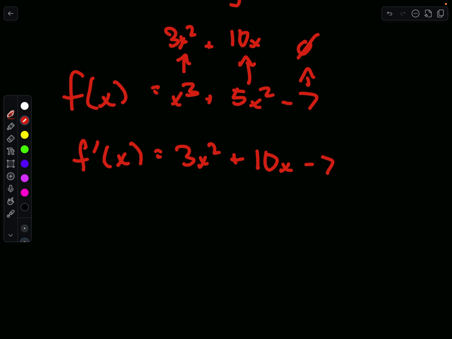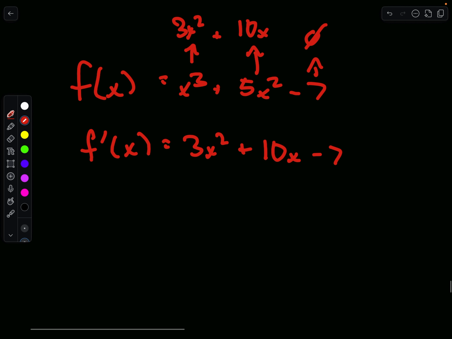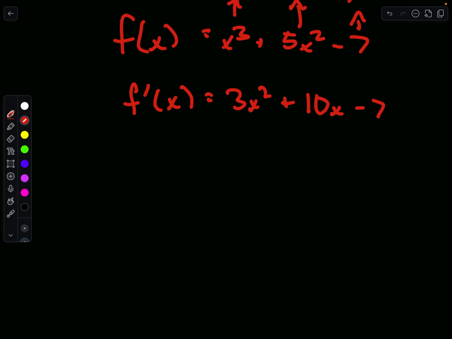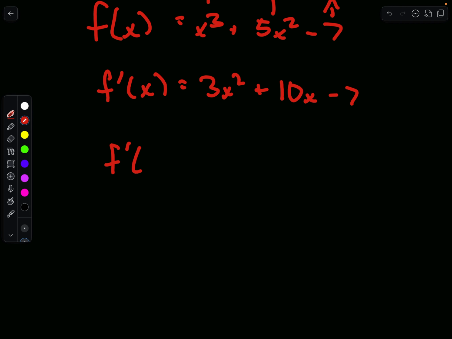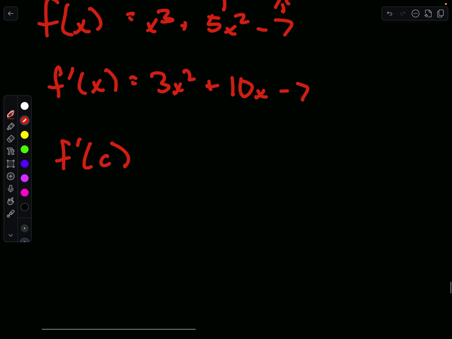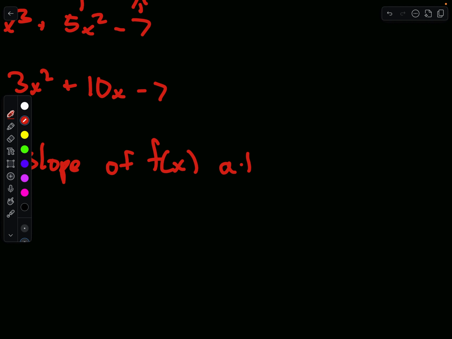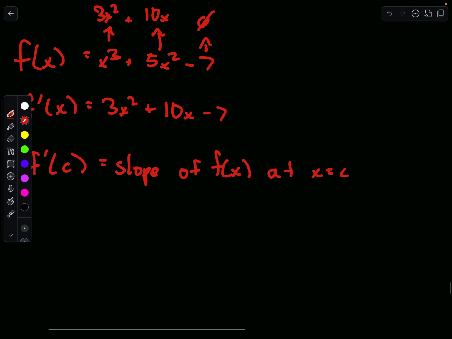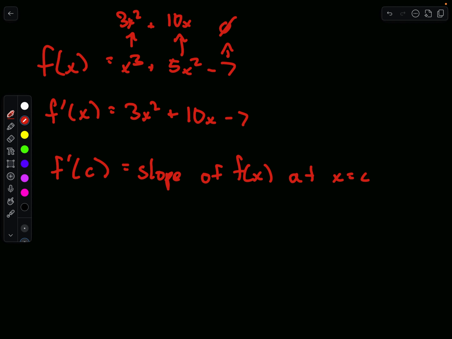Now remember the definition of the derivative. If we have f prime at a point, let's say c, then that is the slope of f of x at x equals c. So remember that when we're computing the derivative, it's not just a formula, it tells us how steep the graph is at each point.